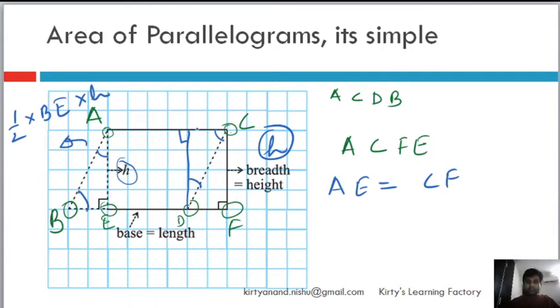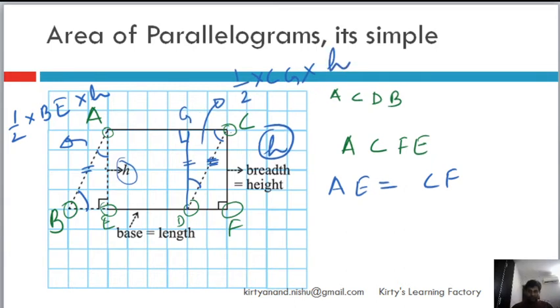Therefore I know that this side obviously is equal to this side, correct? So hypotenuse is same, perpendicular is same, so your base will also be same. So let's call it CG. So CG is also equal to BE. So I can write the area of this triangle as half into base CG into height H.